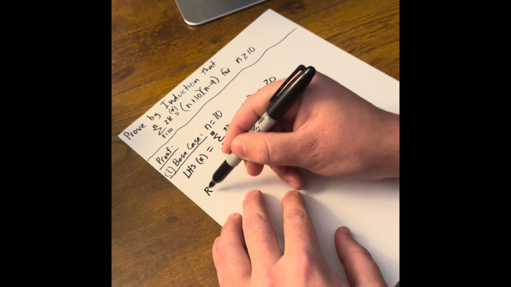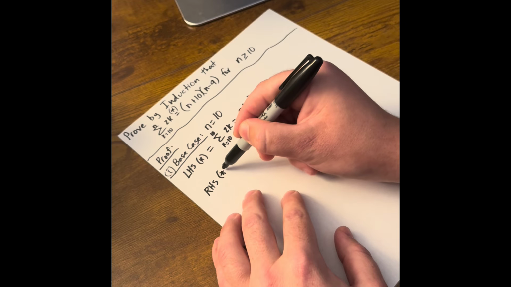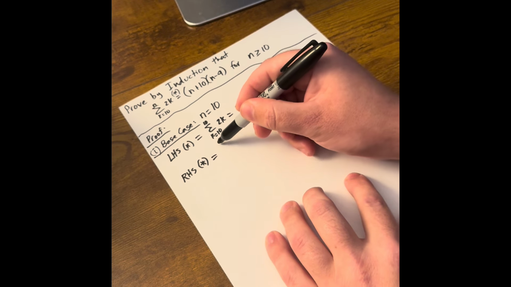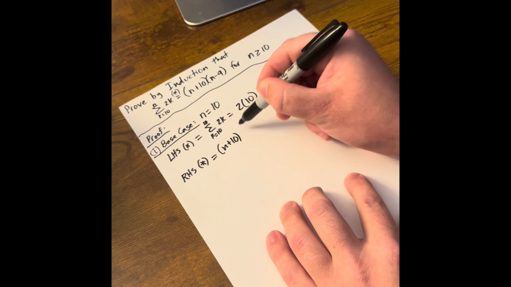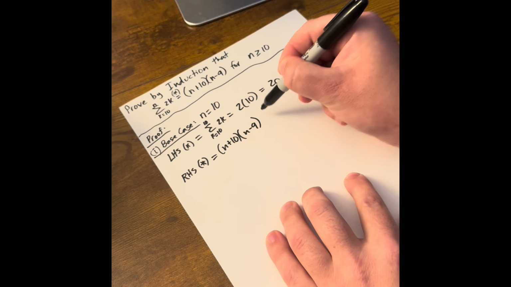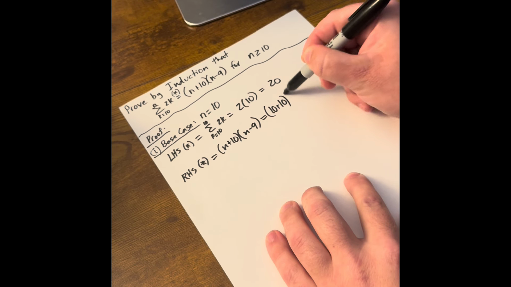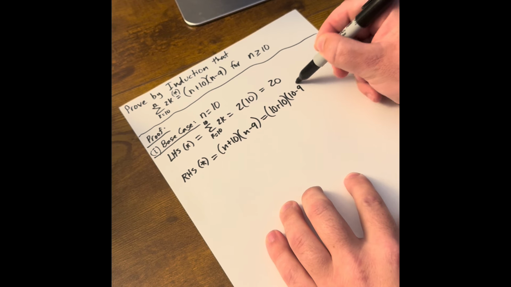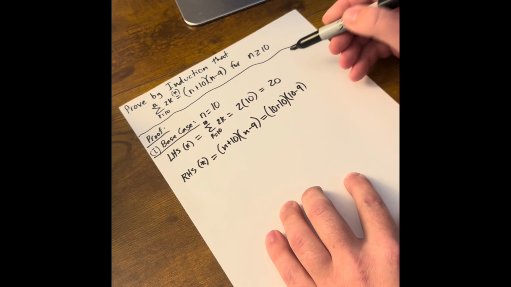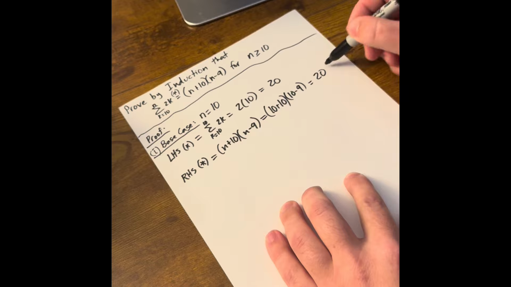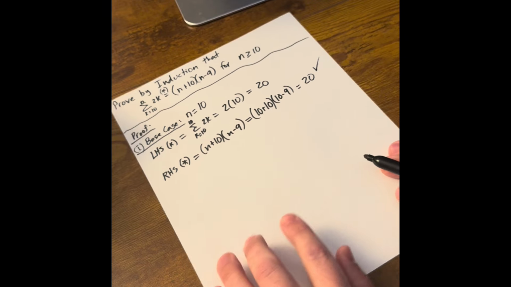And then the right-hand side of star is equal to n plus 10 times n minus 9, but n is equal to 10, so we have 10 plus 10 times 10 minus 9, that's 20 times 1, which is equal to 20. So our base case holds true.